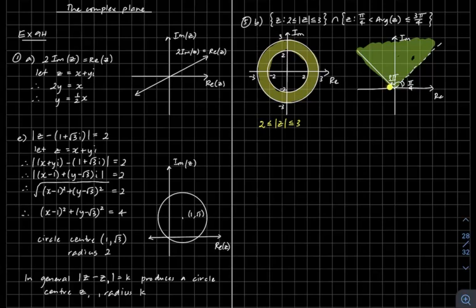So including anything along this line, but not including anything along that line. Any of those points satisfy the statement that arg z, principal argument of the complex number, is greater than pi on 4, less than or equal to 3 pi on 4.